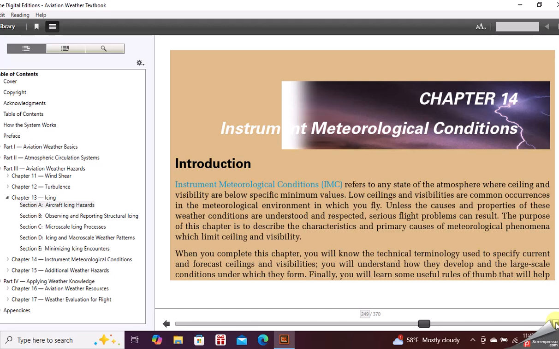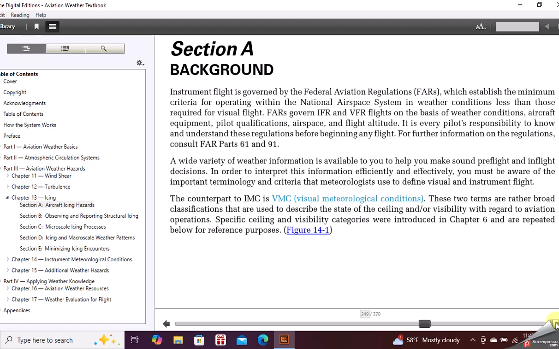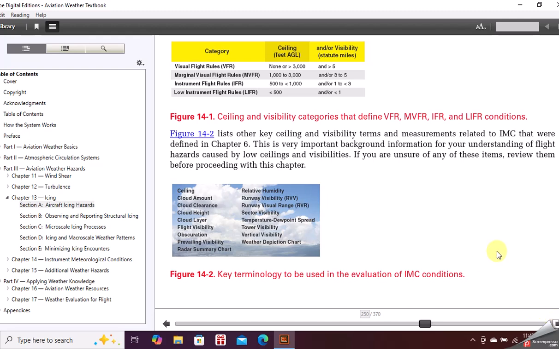Being instrument rated is what all commercial pilots wind up being, I believe. And so let's take a look. If you were at an airport and flying in, we know visual flight rules: everything's easier when you can see well. You can see the other aircraft, you can see the ground.